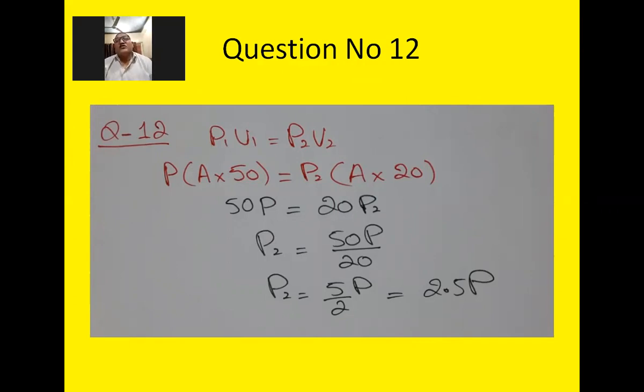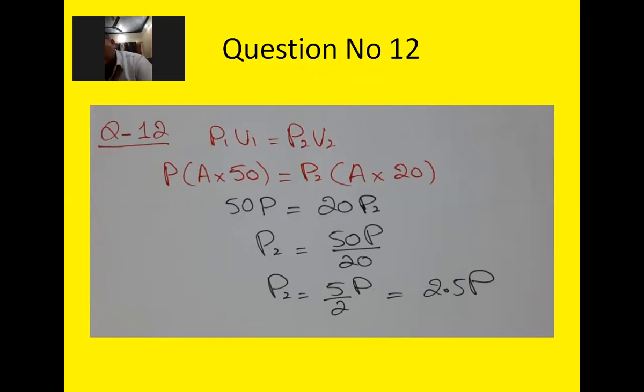So if you want to find out the value for P2, A and A will cancel from both sides. Cross-sectional area is the same. So 50P is equal to 20 times P2. So the 20 will go to the other side, divide. So you will have 50 divided by 20 times P. So the P2 will be 5 divided by 2 P. So that is 2.5P.